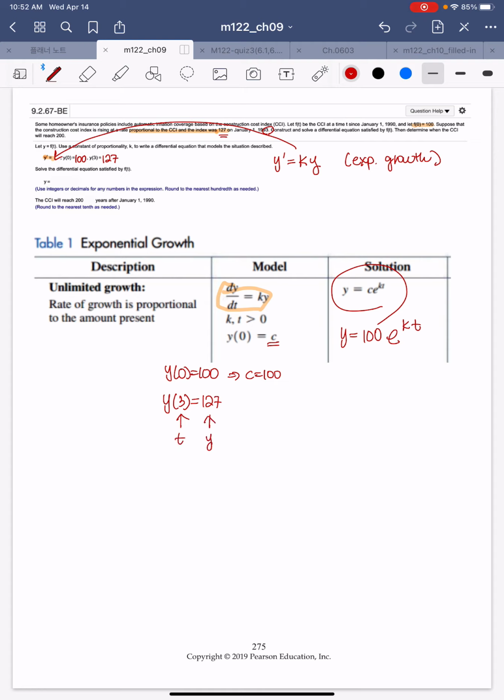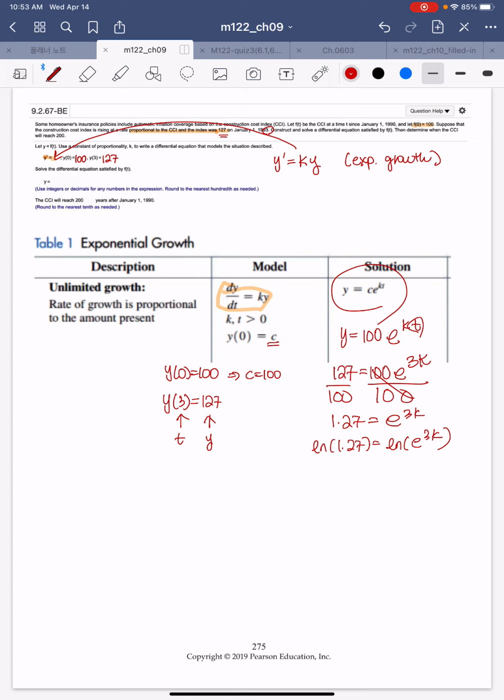So let's replace that. 127 is equal to 100 e to the 3k, because I'm replacing t with the 3, divided by 100. I have 1.27 is equal to e to the 3k. To get k, I need to apply ln.